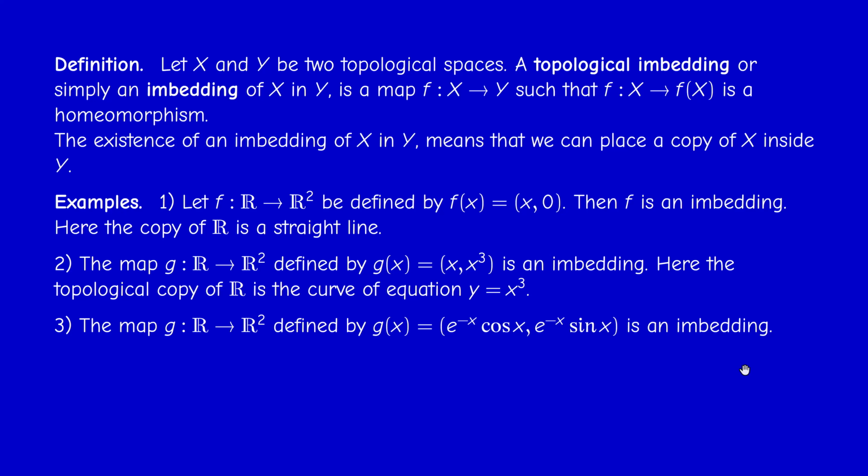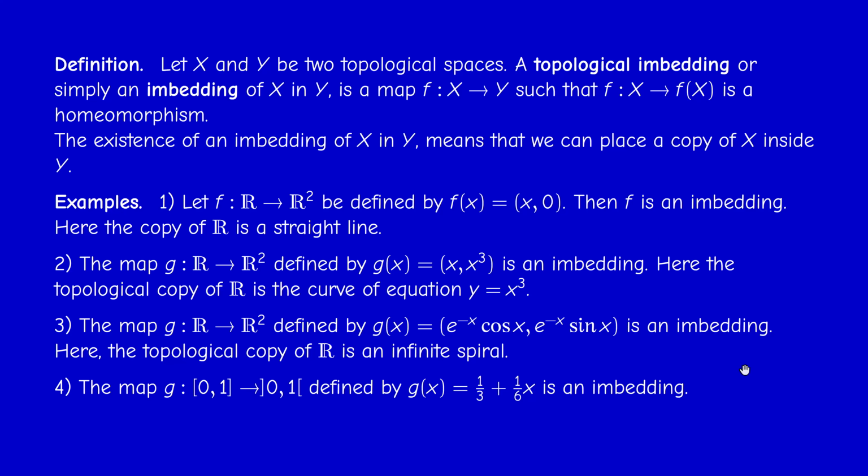This infinite spiral actually is a copy of R. So here we see another interesting thing: we have so many shapes homeomorphic to R. We have the straight line R, we have the bent curve x cubed, we even may have an infinite spiral, so it's kind of wrapping, and of course we have the circle without a point. So all these shapes actually topologically are the same because we can go from one to another without breaking them.